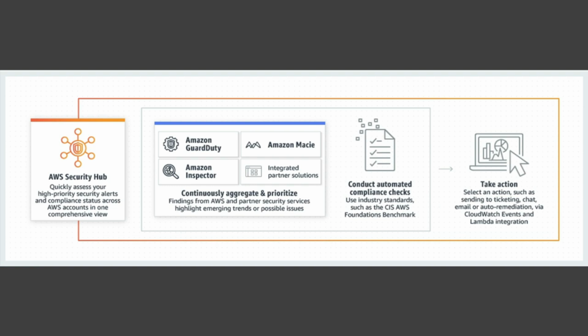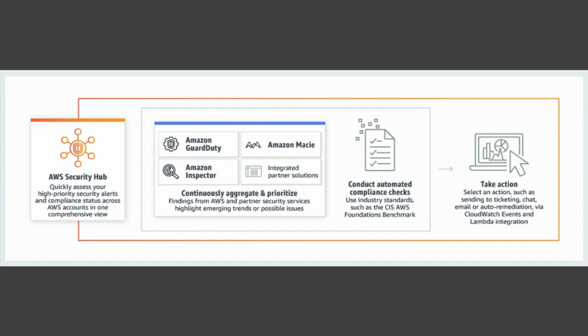Then we have partner solutions as well, Firewall Manager, and Macie. So again, once they scan your infrastructure, obviously this will give you every detail of the security issues present within your infrastructure.